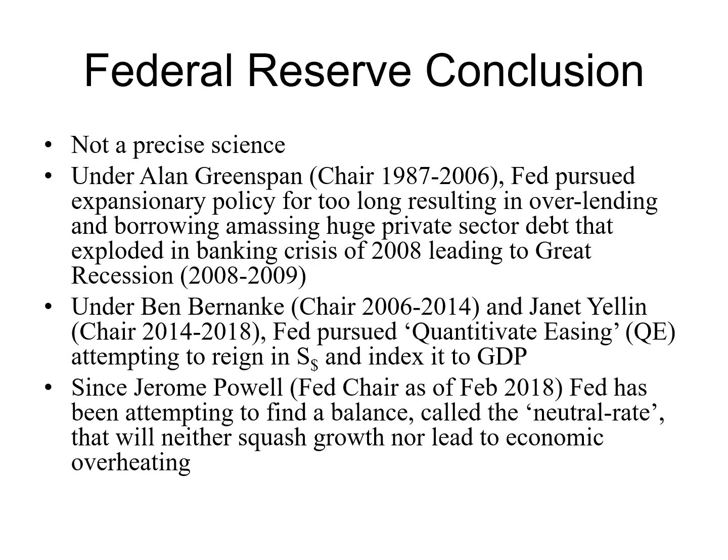And what we want to pursue is a neutral interest rate, such that it neither squashes growth nor leads to economic overheating. This is the metaphor I've been pressing home: as we move towards the end of the growth cycle, rather than stepping on the brakes, we just want to ease off the accelerator a little bit.